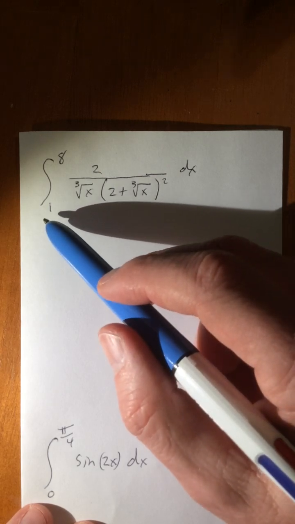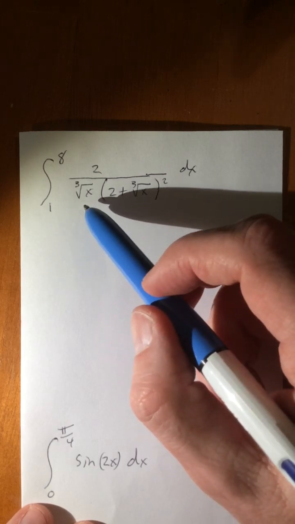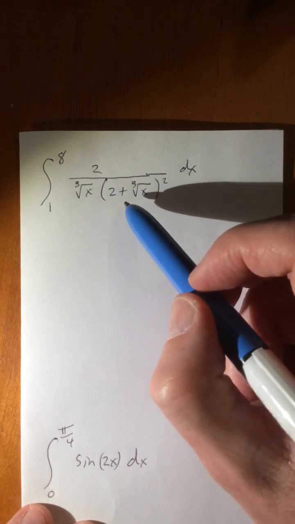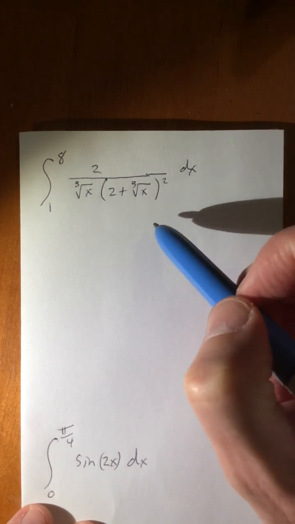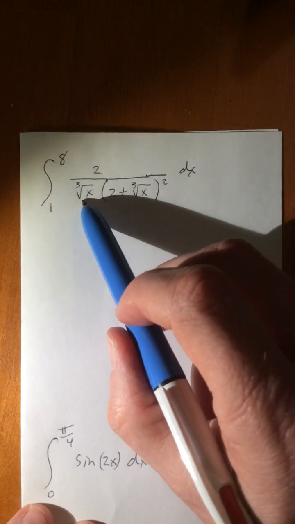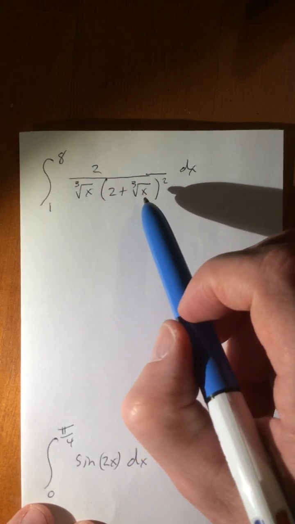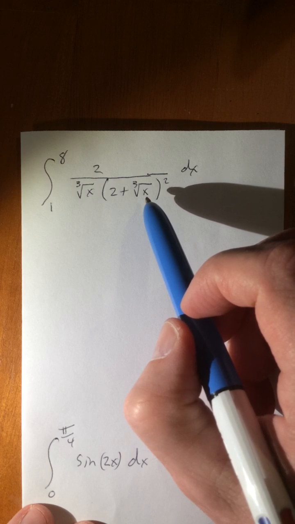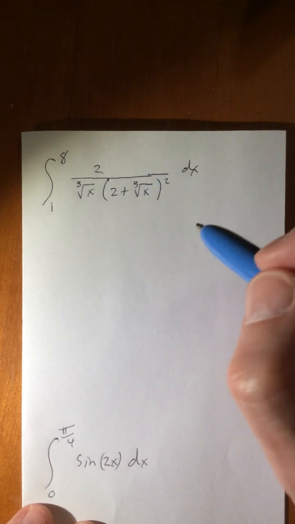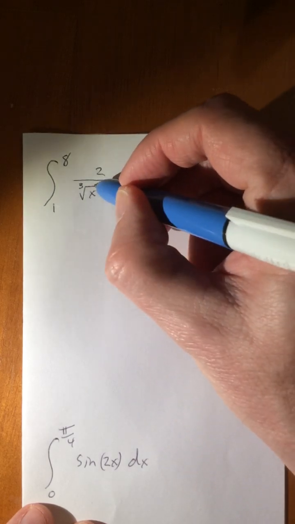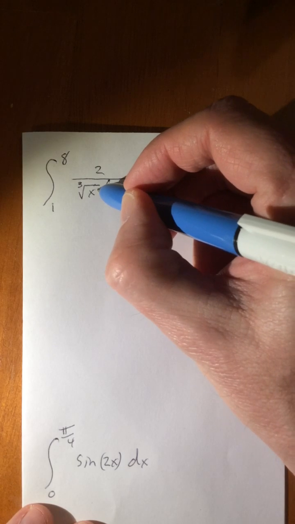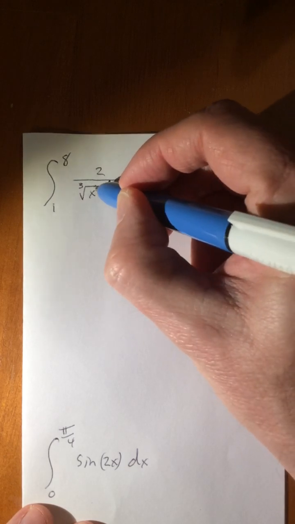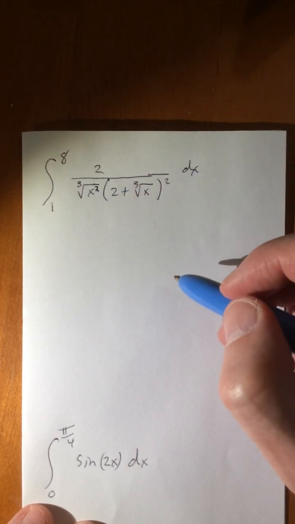Here we have the integral from 1 to 8 of 2 over the cube root of x times 2 plus the cube root of x squared. Now at first this doesn't really look like it's the derivative of this, but thinking about this, that's a squared there.